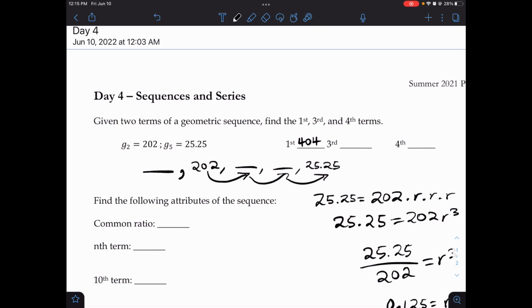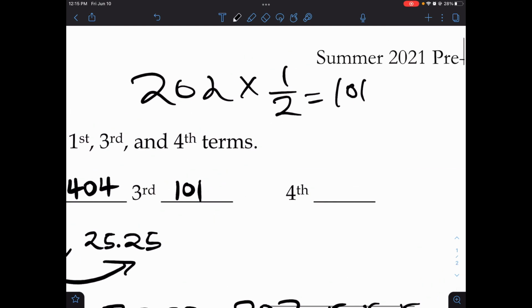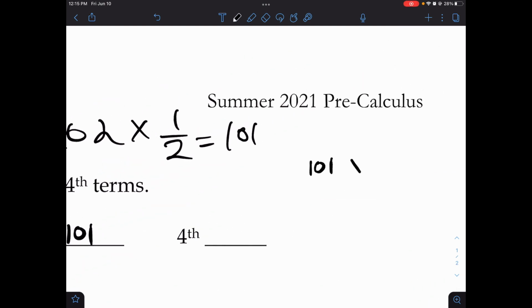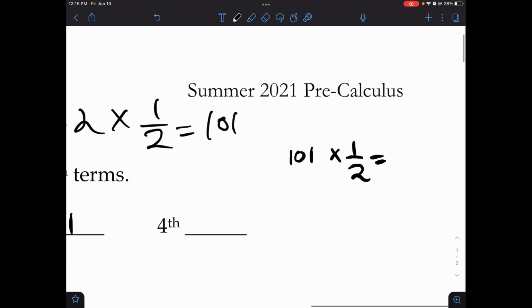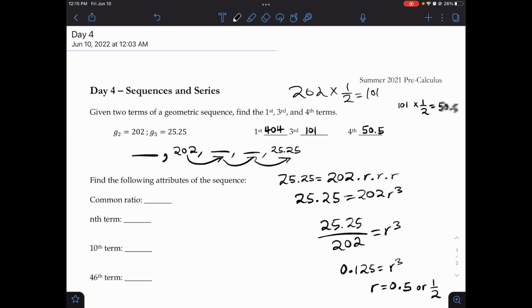Our second term is 202, so we multiply 202 by 1/2 to get 101. That's our third term. Now our fourth term will be 101 multiplied by 1/2, which will be 50.5.